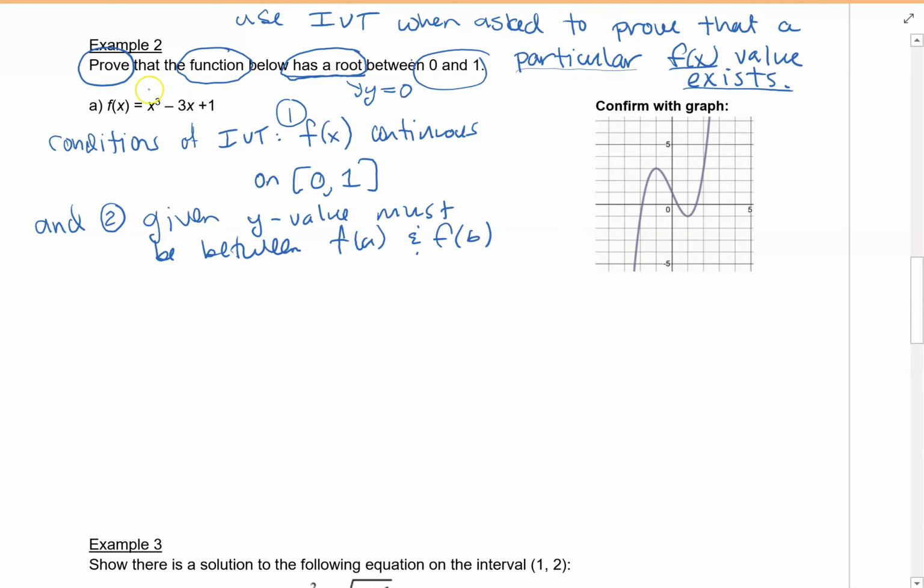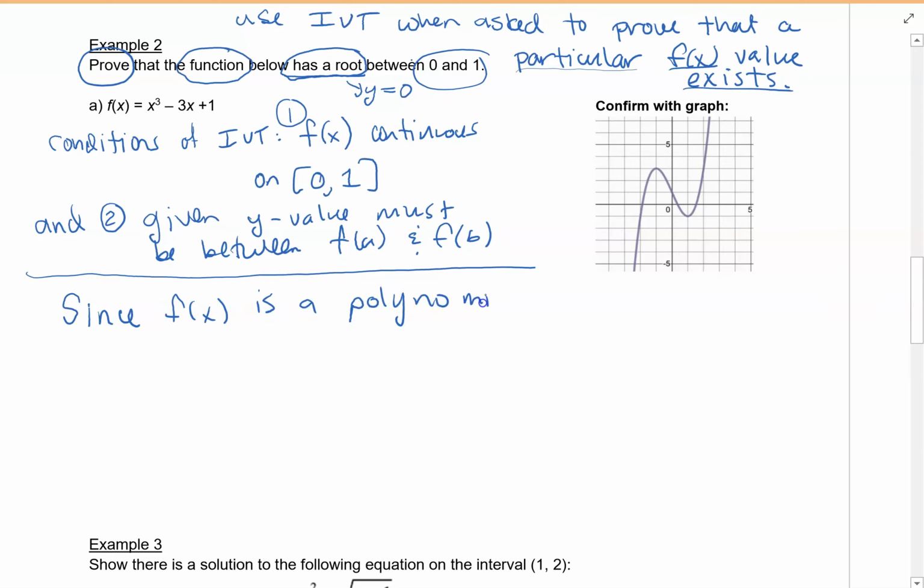So we have to check those two things first. What do you notice about this function? I hope you're noticing that it's another polynomial function. These functions are understood to be continuous everywhere. So you would begin by saying the following: since f of x is a polynomial function, it is continuous on the closed interval 0 to 1, and you always want to include the closed interval.